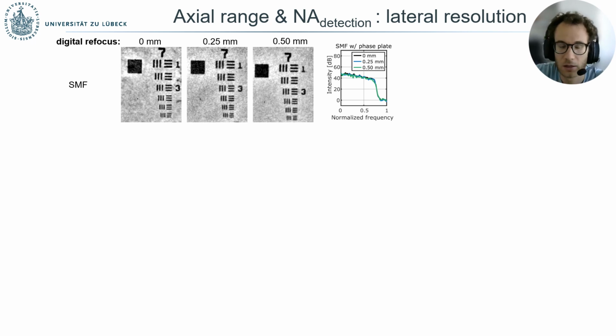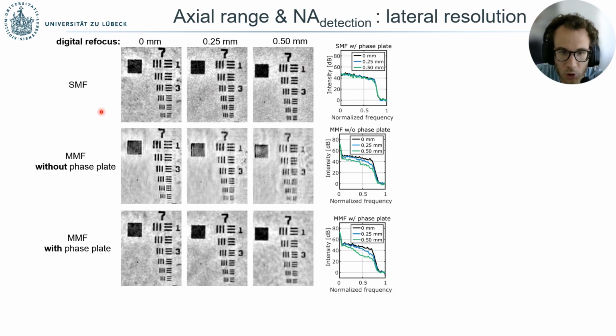So we check this experimentally. We image samples with a single mode fiber or with the multimode fiber, with and without the diffuse illumination, and we check that with single mode fiber everything is coherent, and at depth we refocus the image and we don't lose anything. But with the multimode fiber, we have a certain defocus of 0.25 or 0.50 that we refocus.